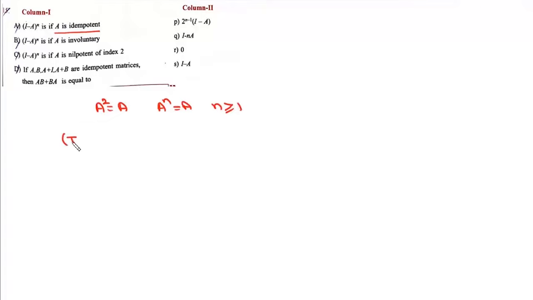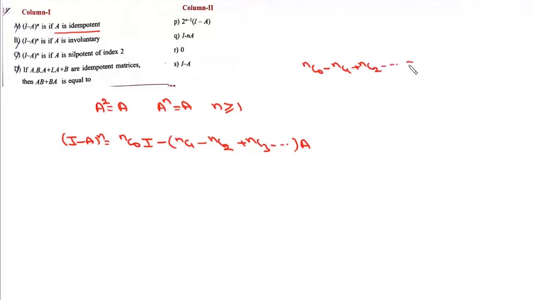In that case we can write I minus A to the power n will be nC0 I, and then minus, we'll take minus common, nC1 A minus nC2 A plus nC3 A. So all of them will be A. Now we know that nC0 minus nC1 plus nC2 will be equal to 0. Now this expression will be nothing but 1. So we can write this as actually I minus A, and that's your option S. So this A matches with S.